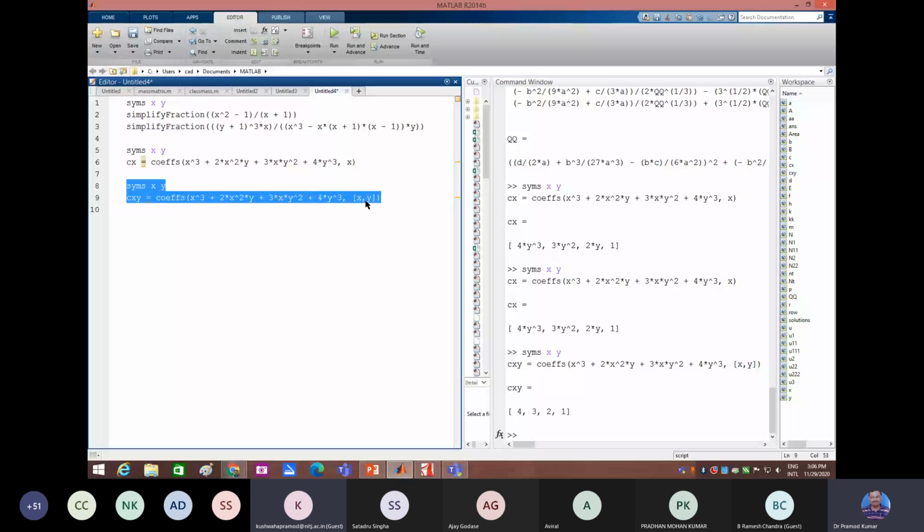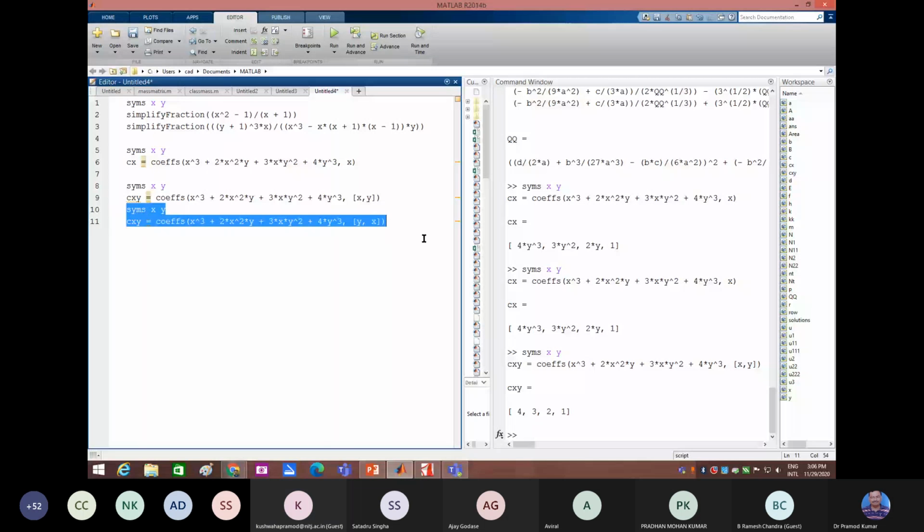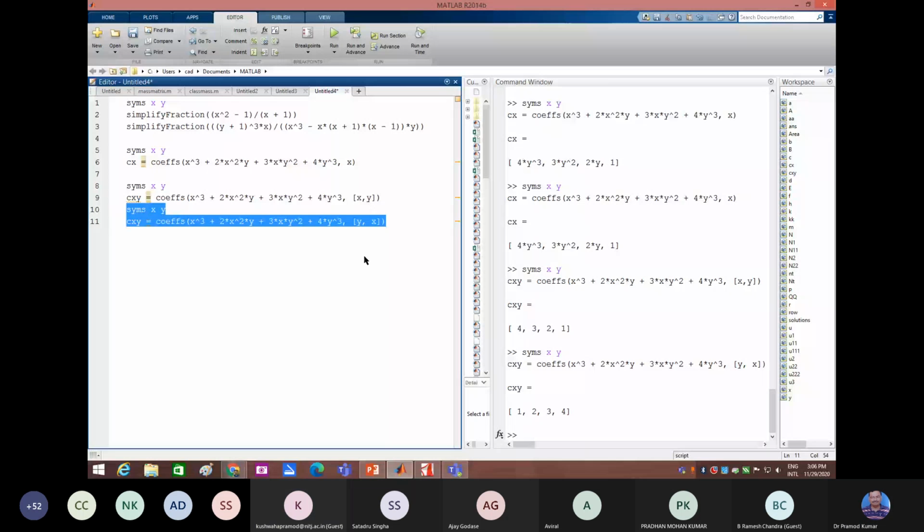When you write this, just order is changed. The same expression. This is y, x. Then this order is changed and nothing happens in the new. First y and then x. This way, coefficient is used.